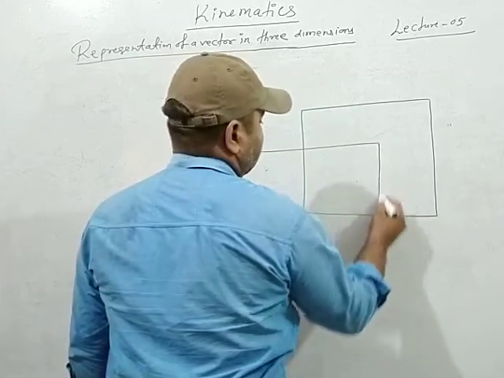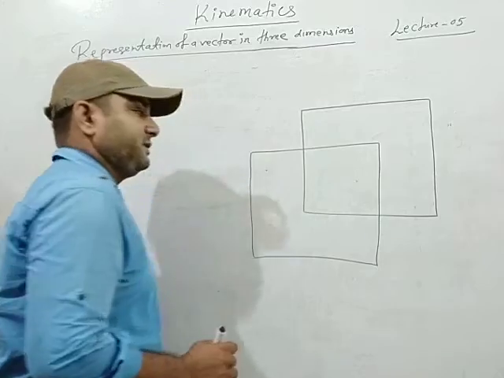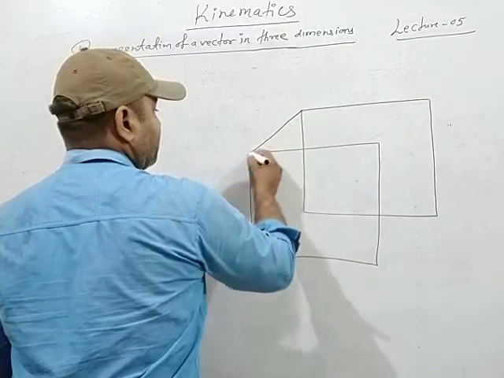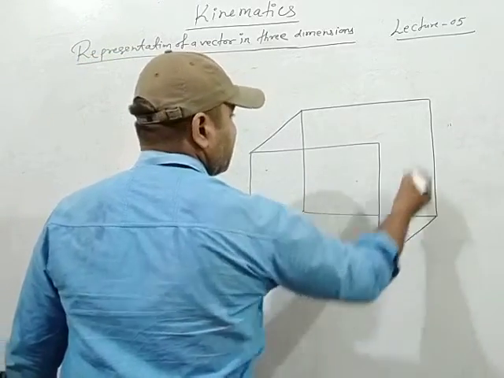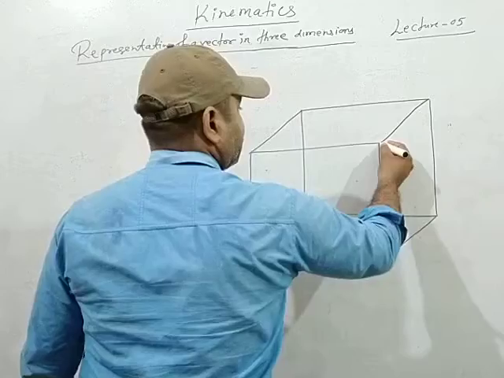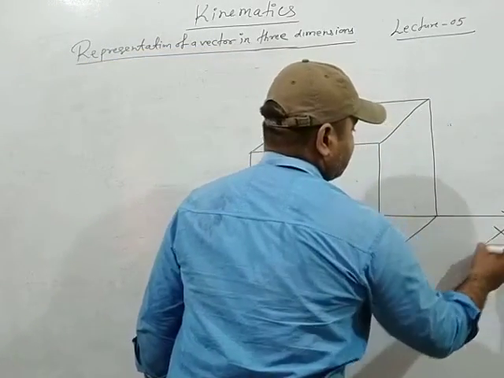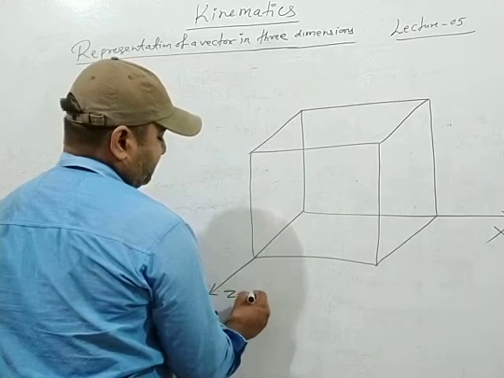Once the cuboid structure is clear, the representation of a vector in 3 dimensions will be very easy. Let's join this one, corner to corner, and then the concept of the axes will be clear. Here, this is along the x-axis, and this one along the z-axis.